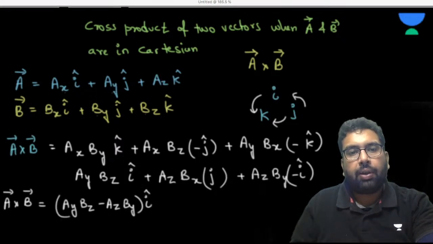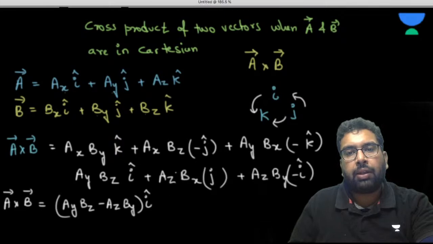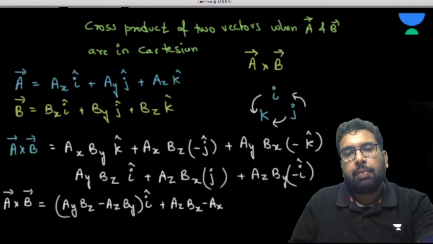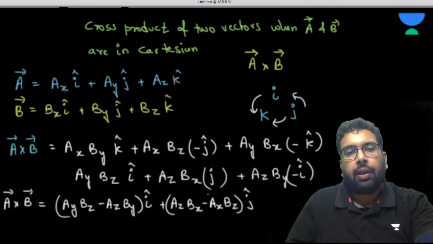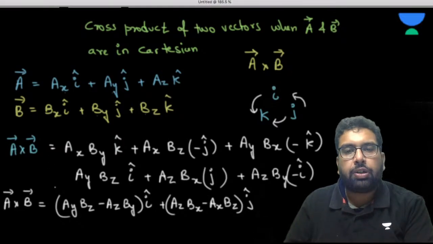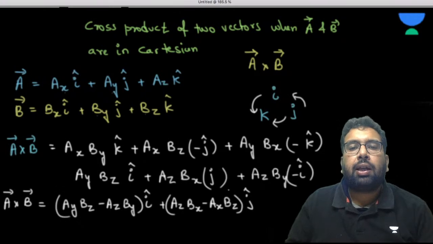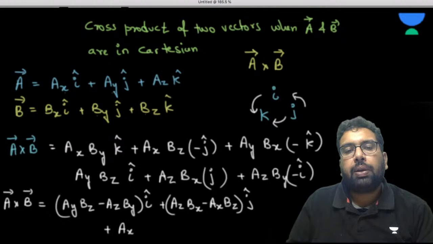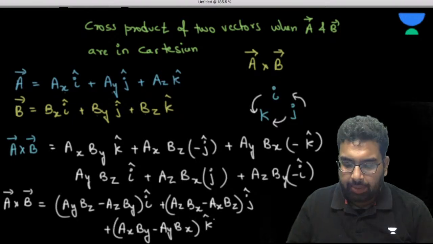Then if I now combine the j component together, I'll be getting az bx minus ax bz j cap. And if I combine this k cap thing together, so we'll be getting plus ax by minus ay bx k cap. Understood, beta? Please answer me.